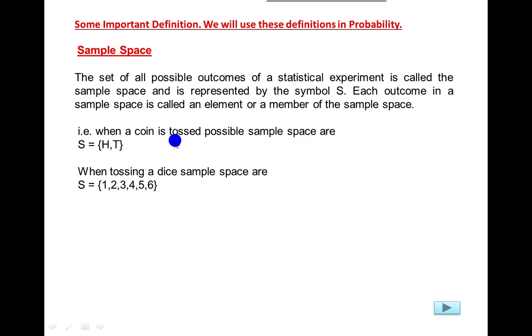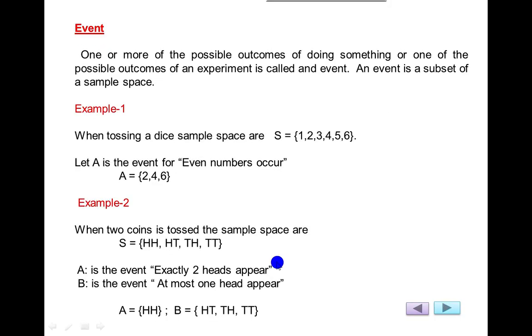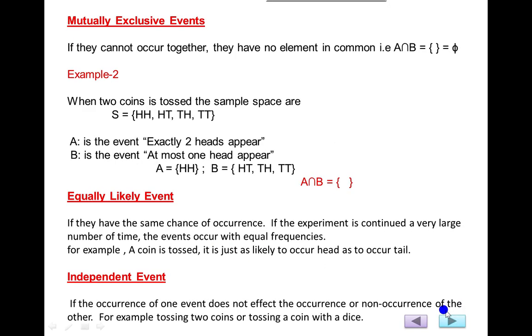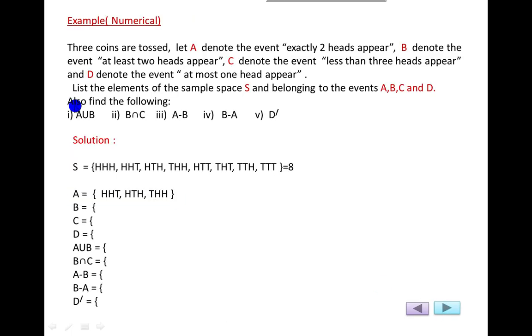There are 2 sides of the coin, so 2 power 1. If you throw a coin 2 times or 2 coins 1 time, 4 outcomes, 2 power 2. Same as 3 coins are tossed: outcomes will be 2 power 3, 8.